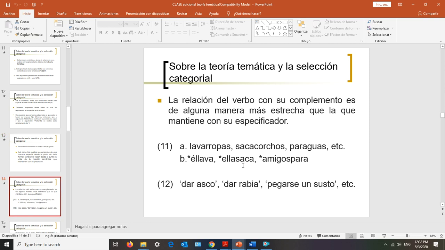But the relationship that they maintain with the verbal predicate that functions as predicator is special, for it is as though the verbal predicate has a much closer connection to its complement.